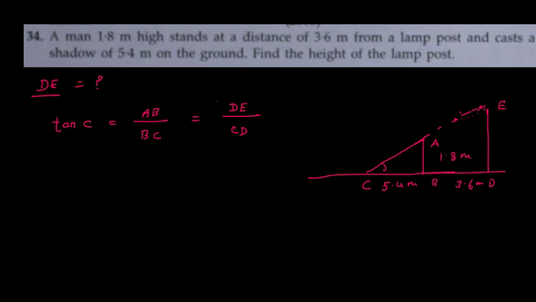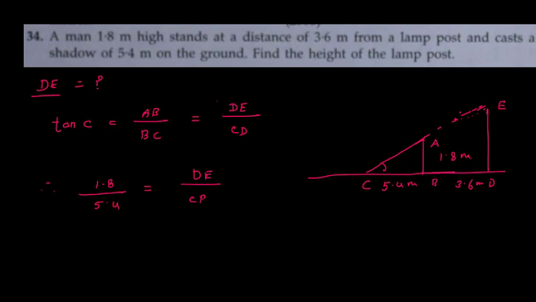Now angle C we don't know, but here we know the value of AB. So therefore I will say that AB is 1.8, therefore 1.8 divided by 5.4 is equal to DE, that is unknown, divided by CD.